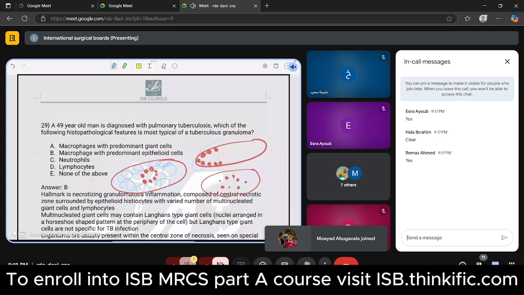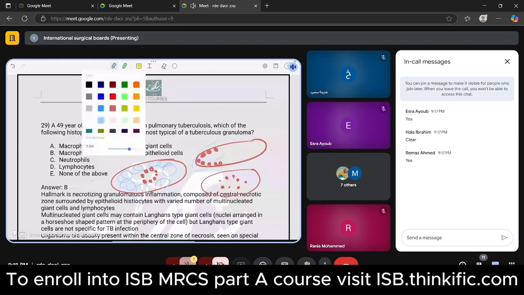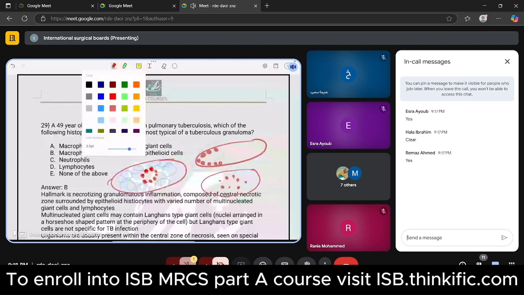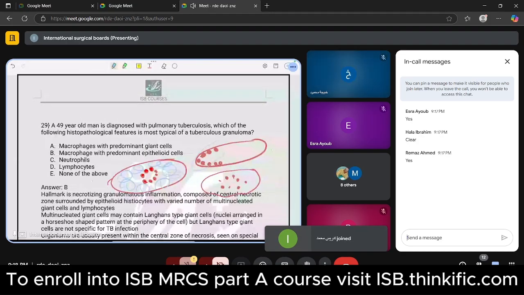And then I described a cell, and I want you to guess what it is. I said there's a type of giant cell that has its nuclei arranged as a ring, and the cytoplasm is clear and foamy. That was my question before the voice started getting bad.